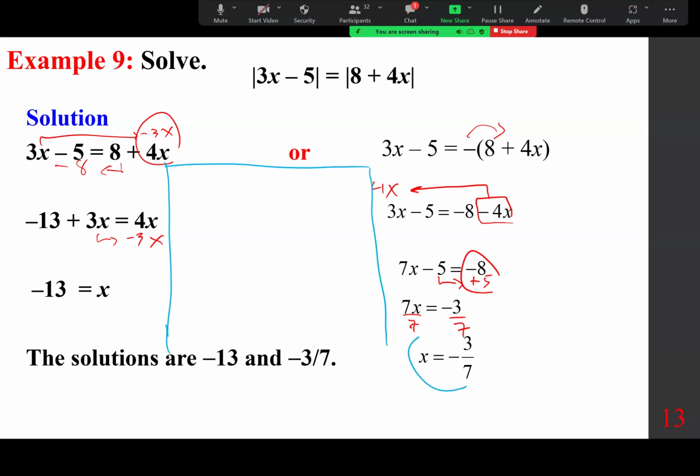Let's check the fraction. So 3 times x, or minus 3 over 7, minus 5 in an absolute value. It's equal to 8 plus 4 times negative 3 over 7. So the left side is negative 9 over 7 minus 5. Let's work on this. 5 times 7, 35.